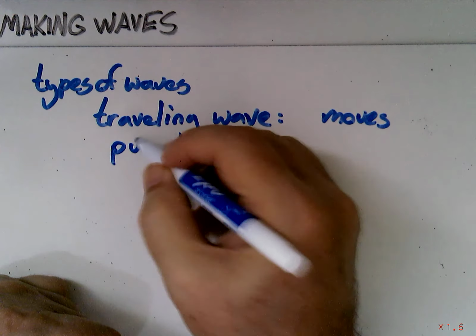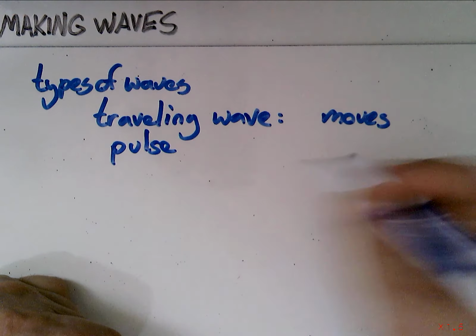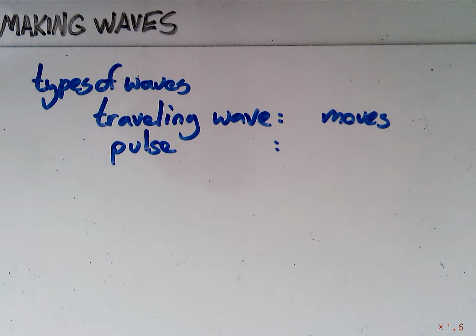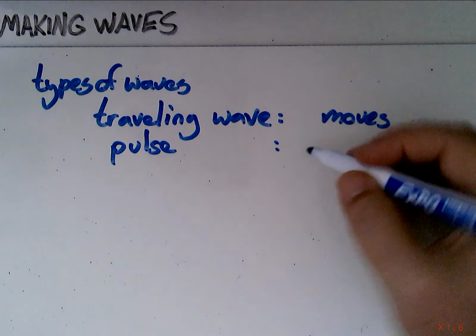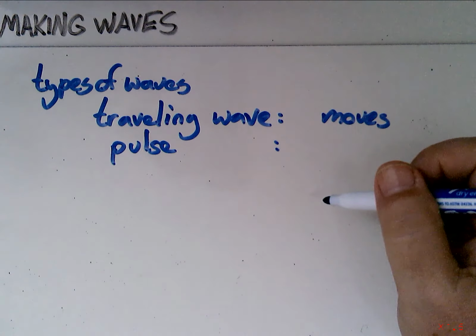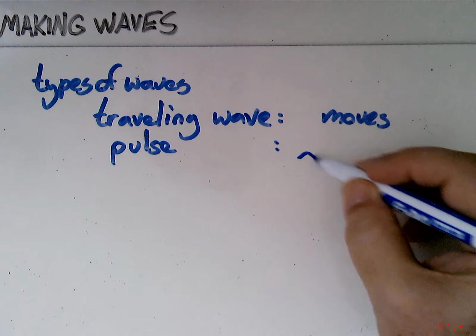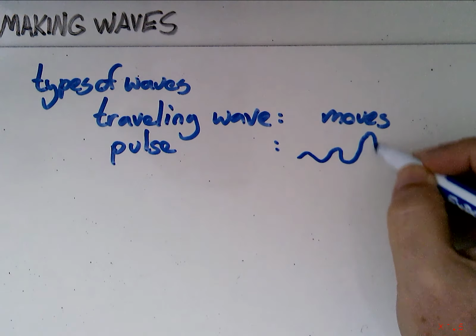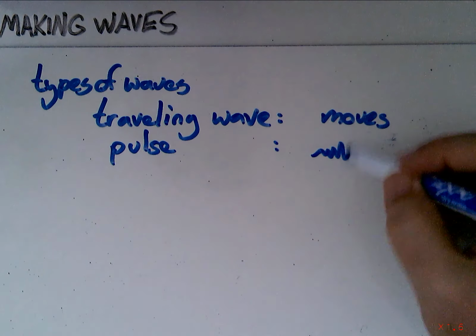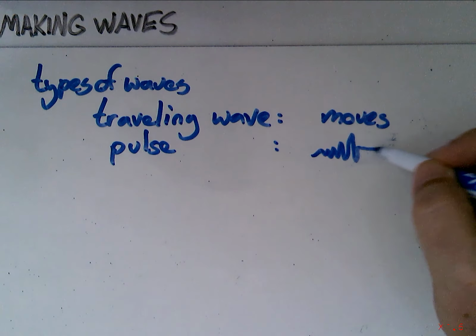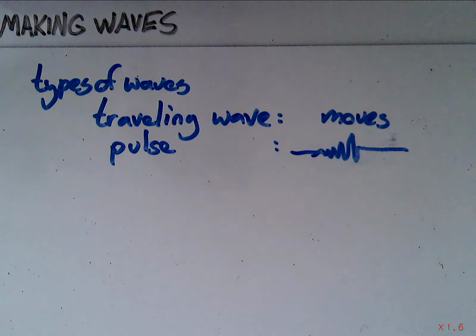It's a pulse wave. There is pretty much just one disturbance. There's a lead peak and it kind of dies off after that. So a pulse might look like this. Let me exaggerate it a little bit. So here you have a little wave coming, and it's a pulse, just a pulse coming through.